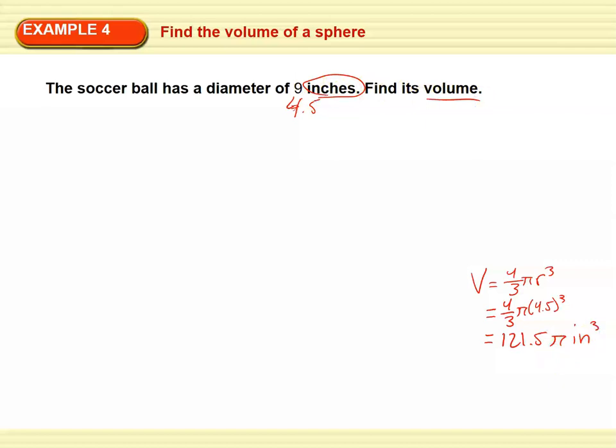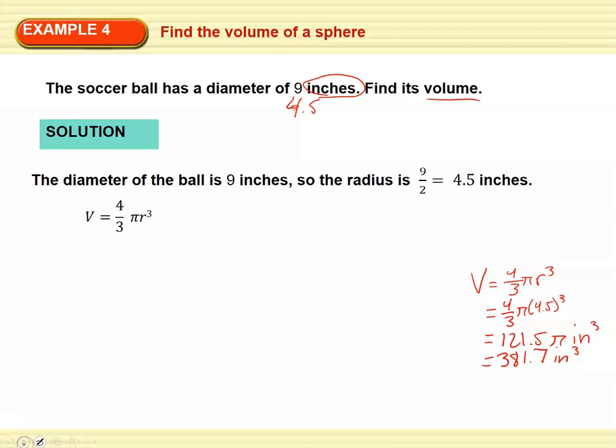Or you can take that and just multiply it all out and write your answer as 381.7 inches cubed. So again, either answer is correct.